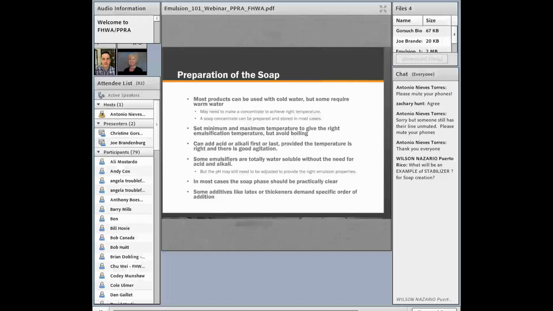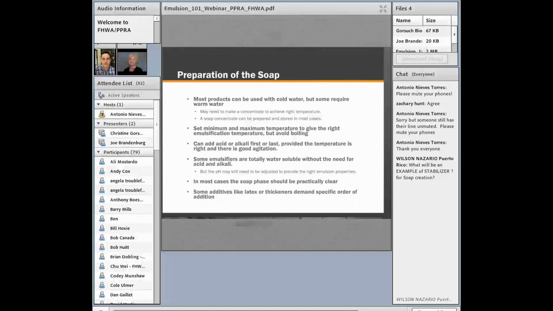I'm going to get into this a bit later, but how important it is to understand temperatures. Temperatures play a super critical role when we manufacture our emulsions. The reason being is that if we have an asphalt that is super high in viscosity, that means we have to have that asphalt at an elevated temperature so it's pumpable.